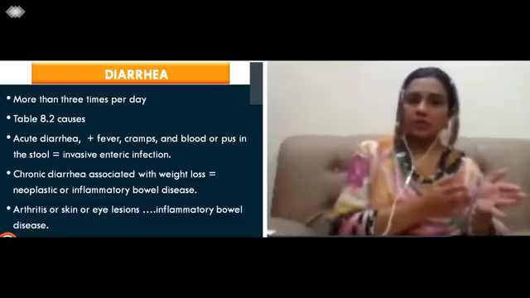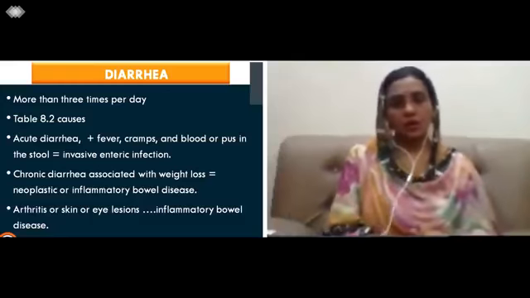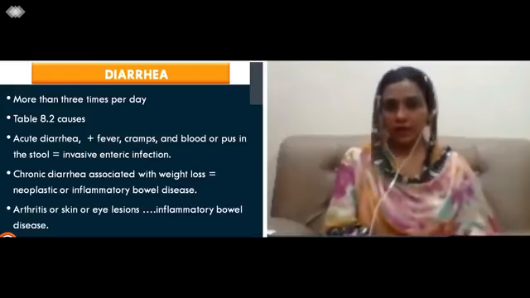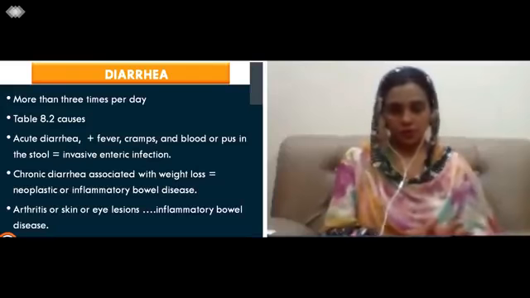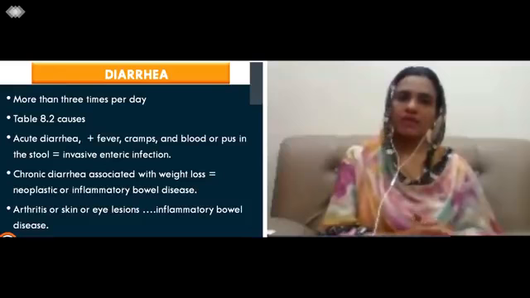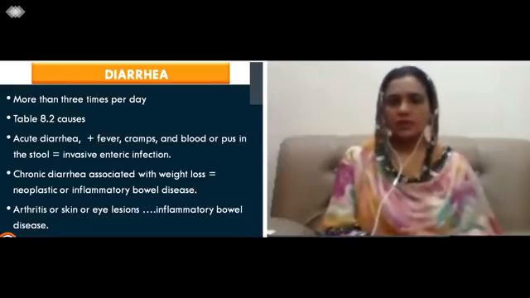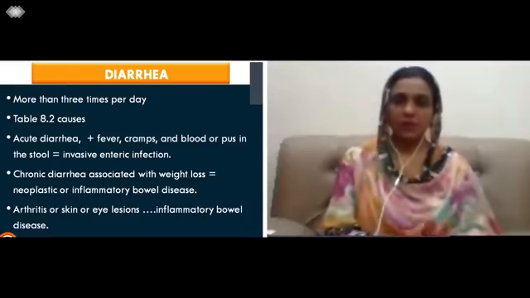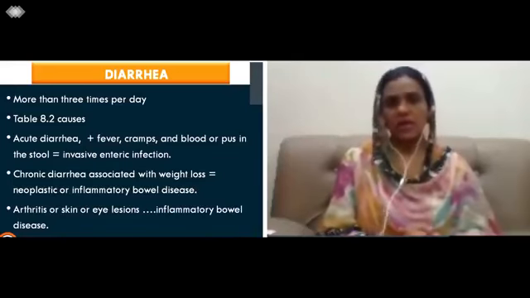On the other hand, if the patient has chronic diarrhea and along with that complains of weight loss, then it can be a clue towards some tumor or cancer. Or it can be due to some inflammatory bowel disease. We'll discuss these inflammatory bowel diseases in the next lecture.